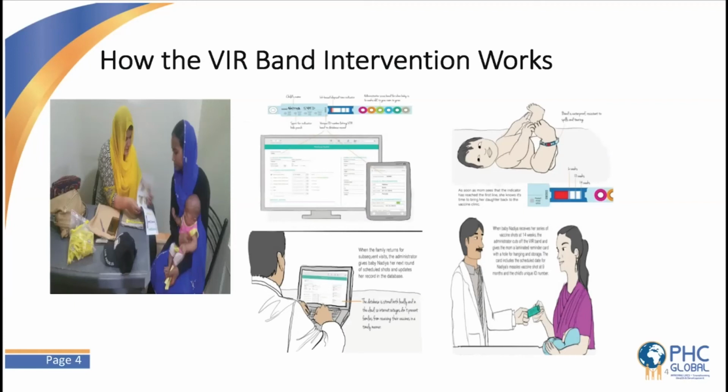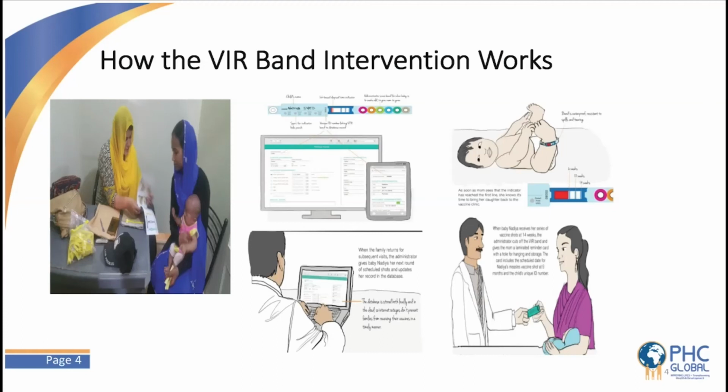And on the second visit, when the parents consent, the child is vaccinated, the staff activates the VIR band and firmly secures it on the baby's ankle and advises the parents similarly. When the parents return for the third time, the child is provided the green band, which acts as a reminder for the third dose of the pentavalent vaccine.